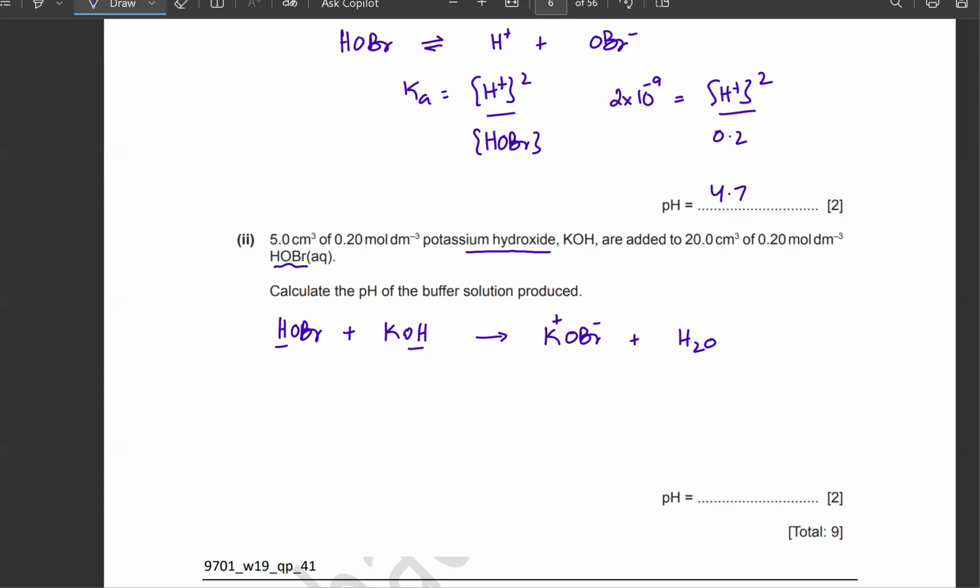Now, can you tell me how many moles of KOH are being added? 5 into 0.2 divided by 1,000. 1 multiplied by 10 to the power minus 3. So I've got 1 times 10 to the power minus 3, okay, so that's 0.001.